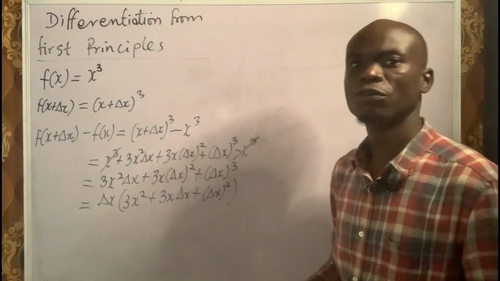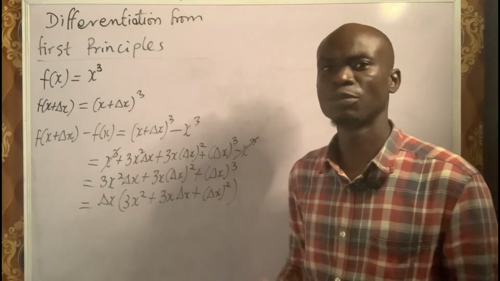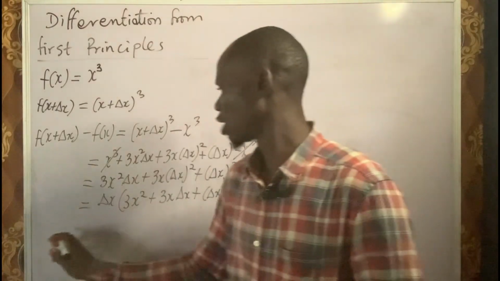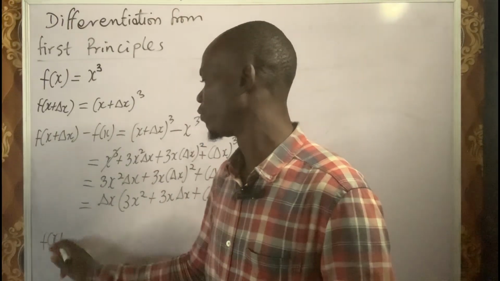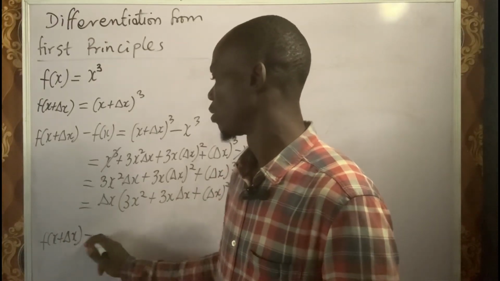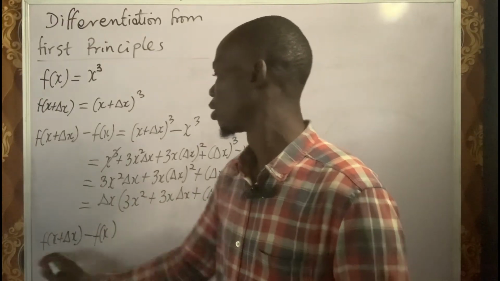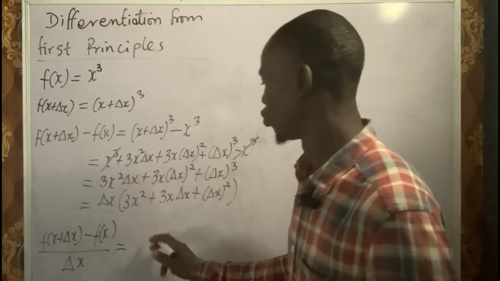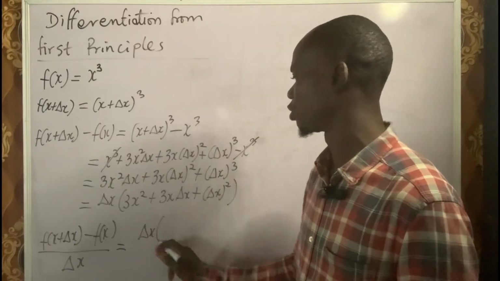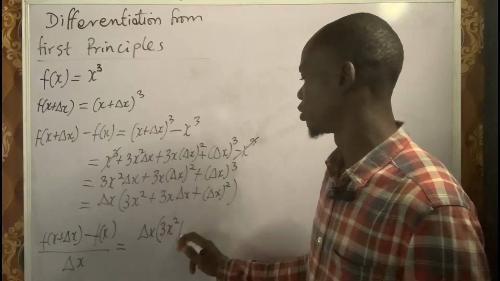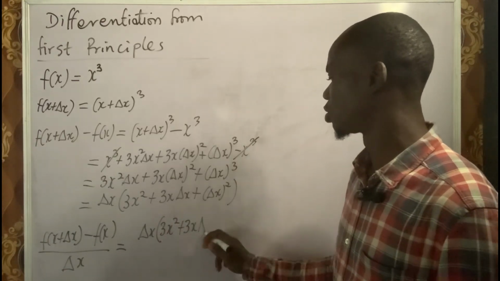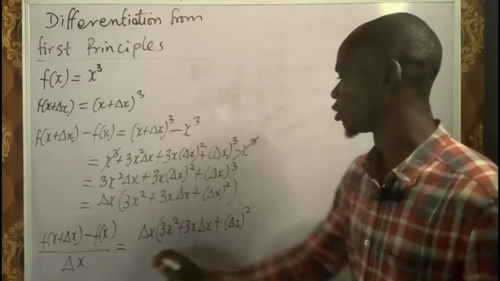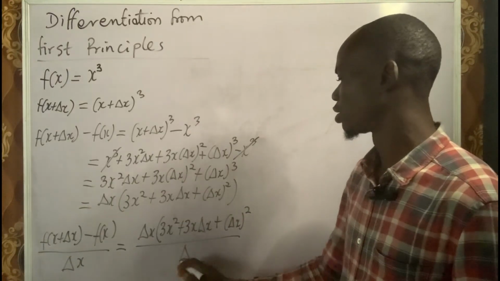So now we can move to the next step. And the next step is to divide through by Δx. So if I apply that, I'm going to have [f(x + Δx) − f(x)] / Δx, which is equal to everything I have above, Δx(3x² + 3xΔx + (Δx)²) all over Δx.